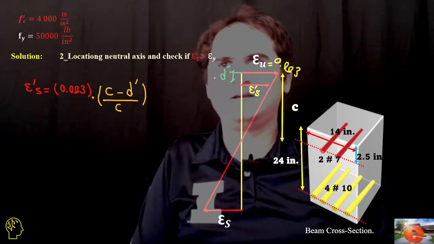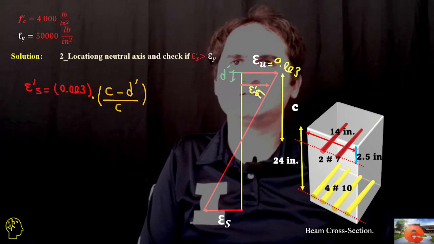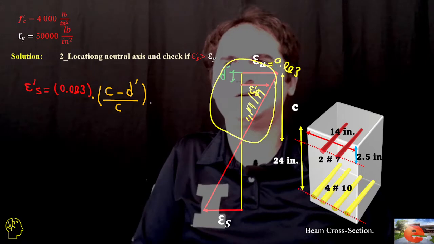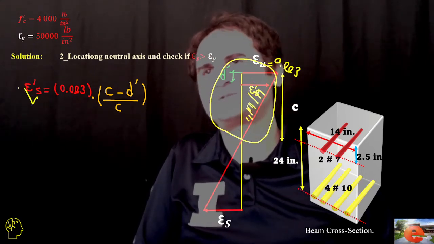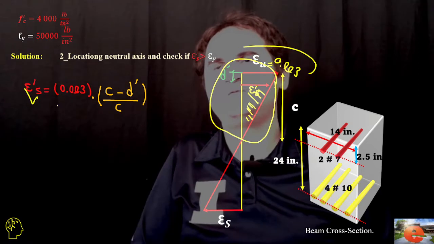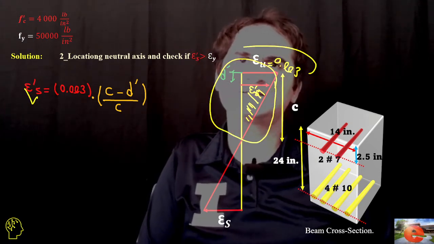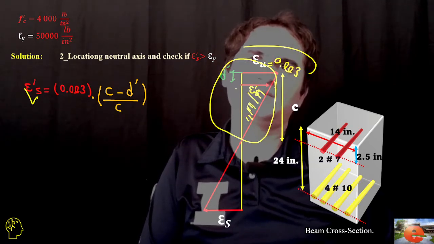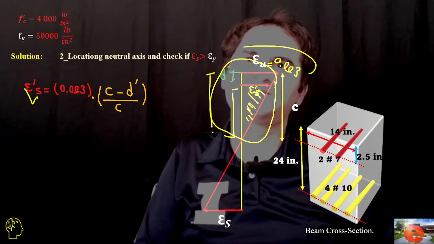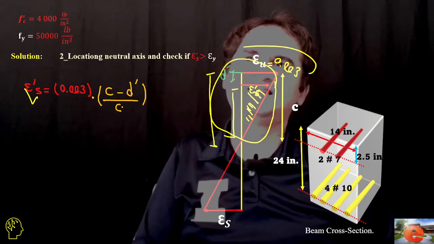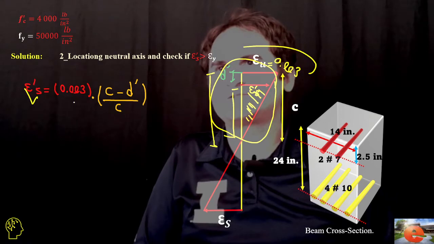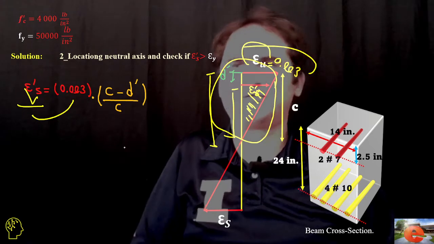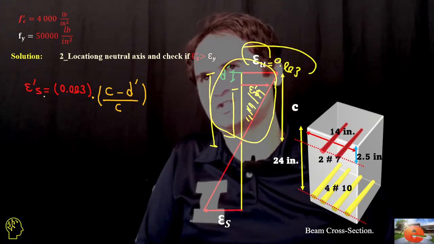If we make similar triangles, this small triangle versus the bigger one, it gives us the relation: epsilon prime s over epsilon u, which is 0.003, equals c minus d prime over c. We rearrange the equation to get epsilon prime s.